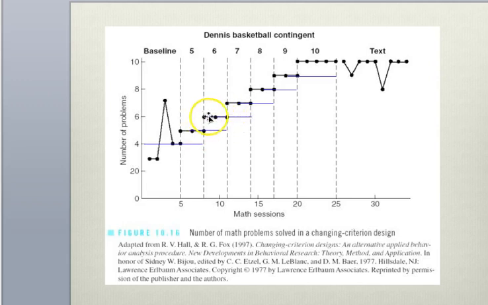So he's now showing an increase in the number of problems solved during his math session. They do this again to 27 for session 7. He goes up to 28 for session 8 and 29 for session 9. And then he gets all the way up here to the next level, 30 problems here, and he has reached that target.